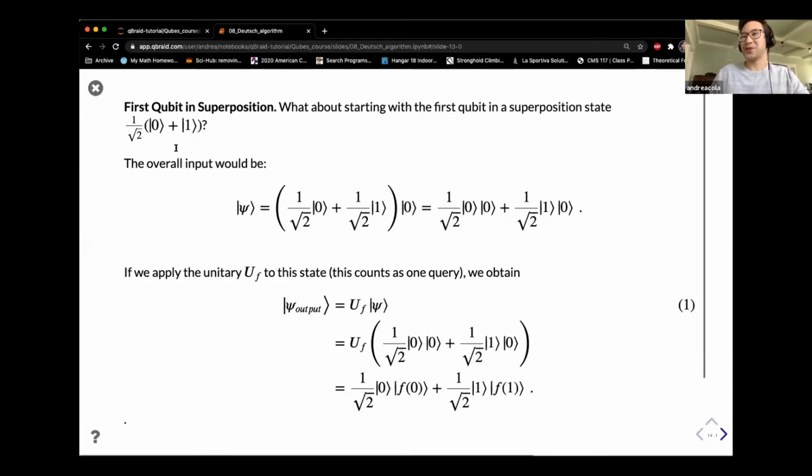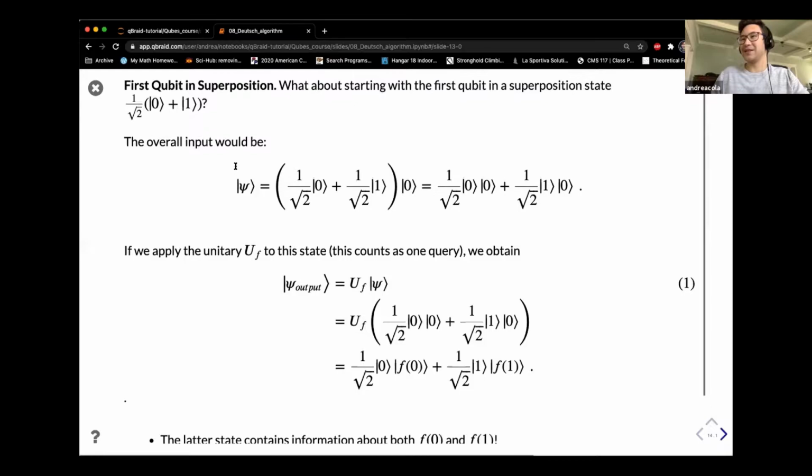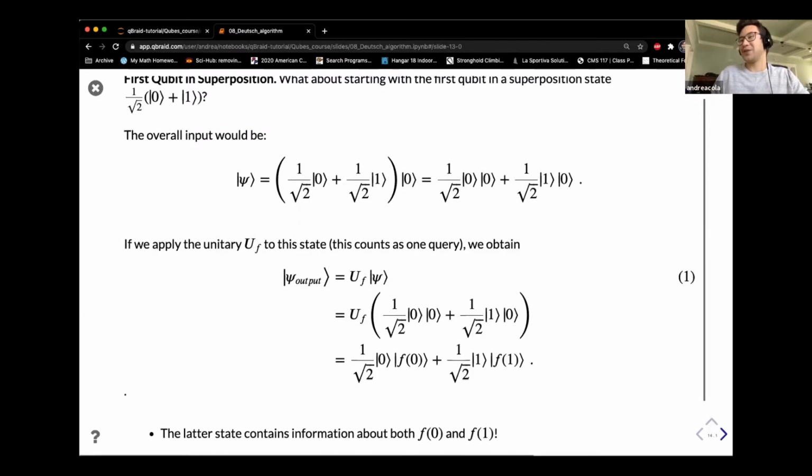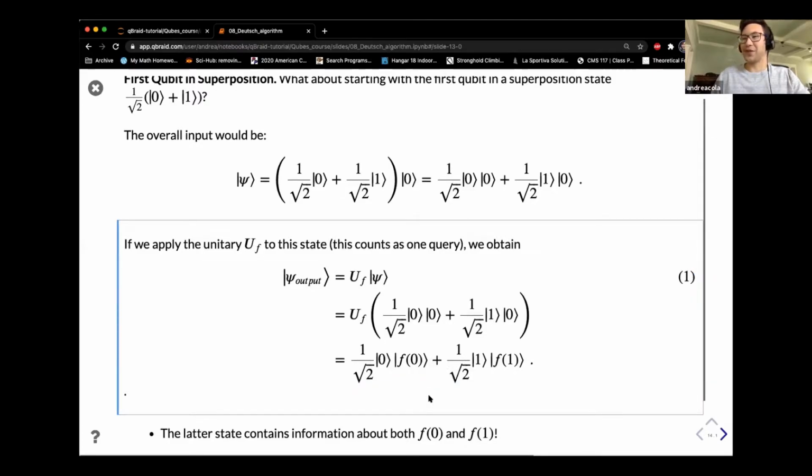The first approach that we tried in the lecture we had before was we put the first qubit in superposition and leave the second qubit in the 0 state. And what we realize is that if we apply U sub f to this state, we end up with an equal superposition in the last line here of f of 0 and f of 1.